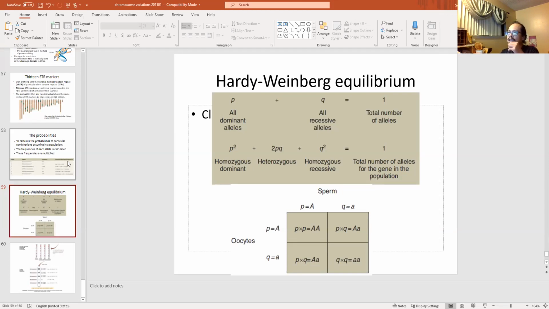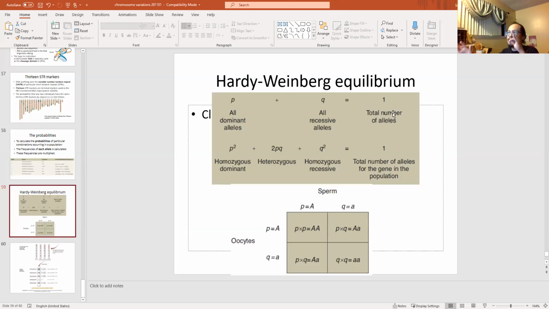So here we have, say, two types of allele, P and Q. Say this is one allele, this is the other. You don't need to worry about recessive or dominant here. So basically it's 2; you can be this or the other. Overall, these two together make 1, so it makes a whole.